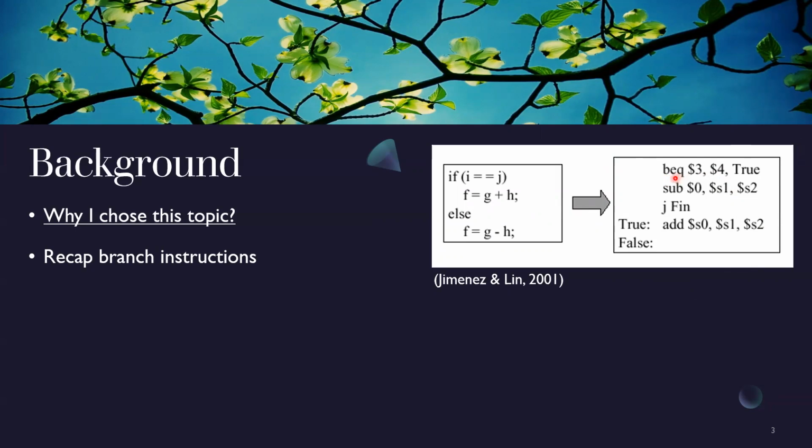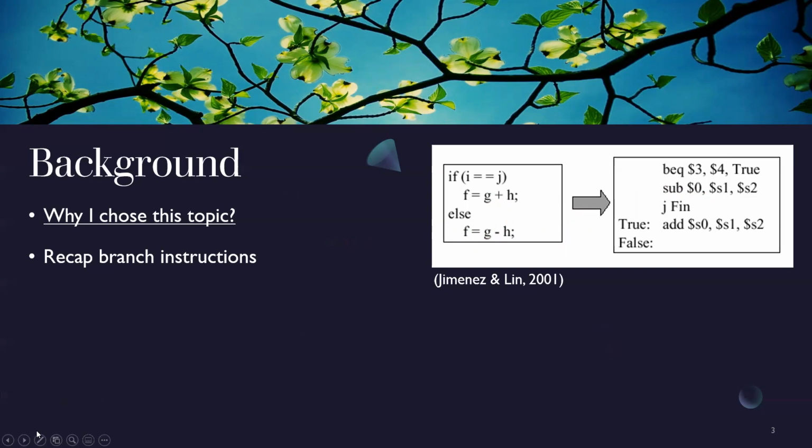That's a branch if equal instruction. And so that's the example of a branch instruction. And it does the same thing as this if statement. So it's saying if these two values are equal, go to this true block of code. So then it comes down here and then starts executing at the true. Otherwise, if this does not equate to true, then it's going to just continue on. It's not going to do the branch. It's just going to go to the subtract, which represents the else statement.